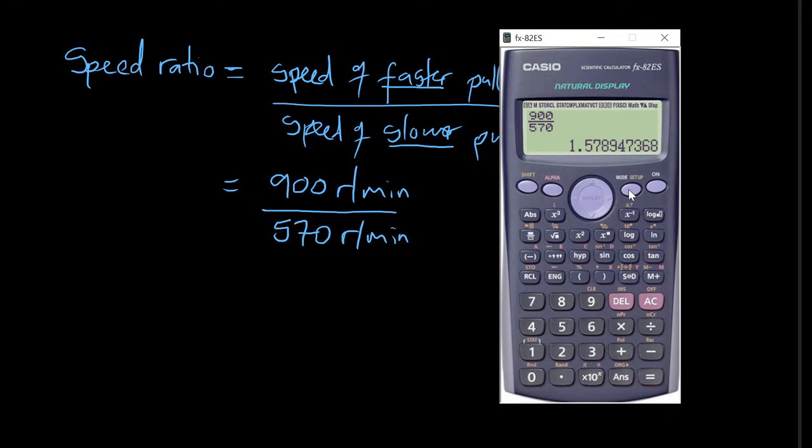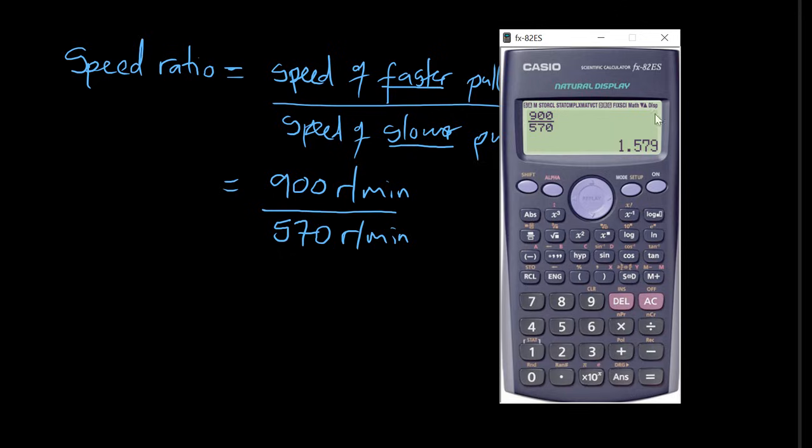You press shift, you press setup, which is the modern setup. Now you look for 6 where it says fix, you press 6, and then when it says fix 0 to 9, these are the rounding off, and you want to round off to 3 decimal places, so you press 3, which means now when you press SD, your answer will be rounding off now to 3 decimal places. So your calculator can do that.